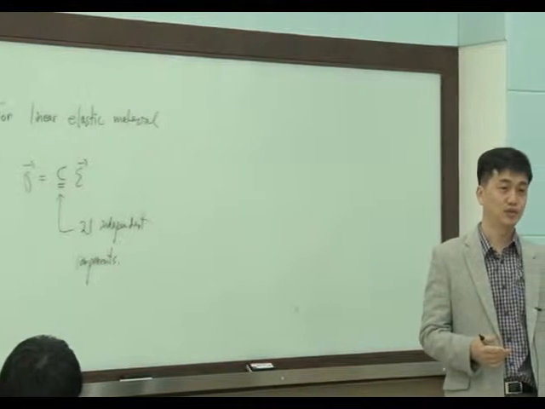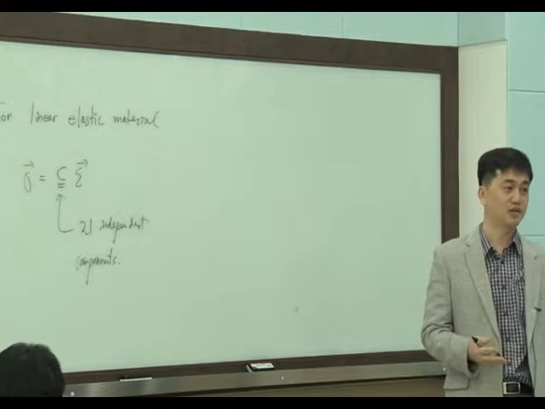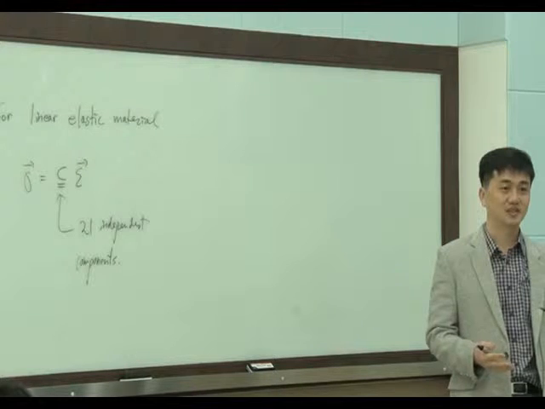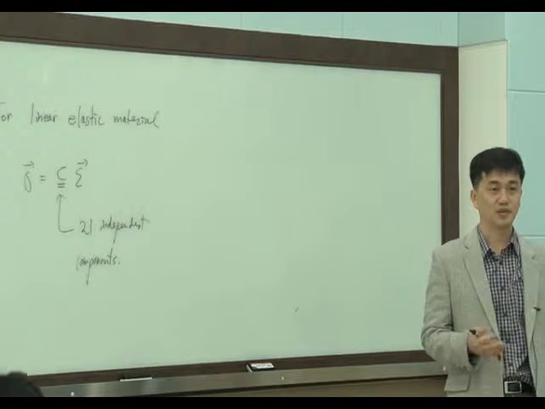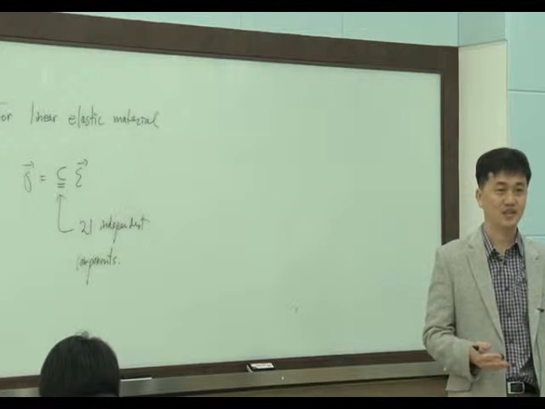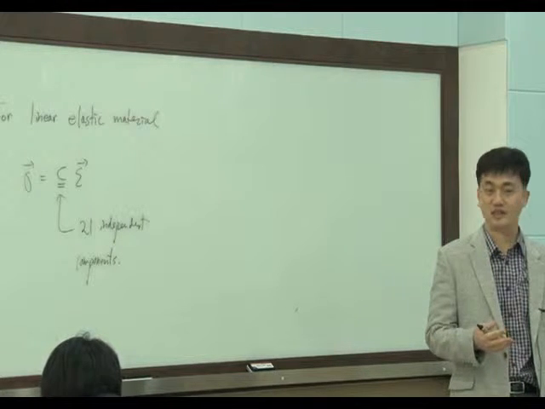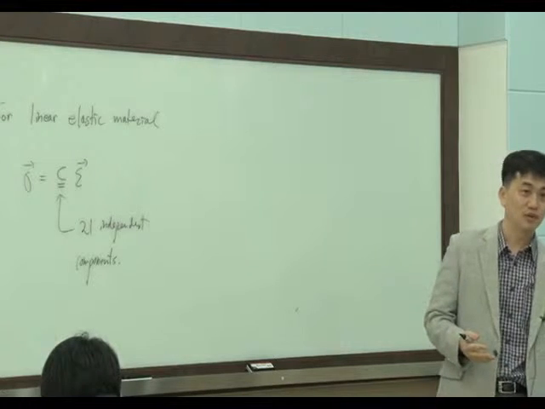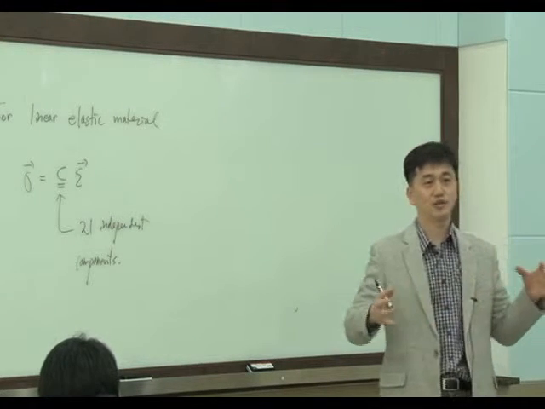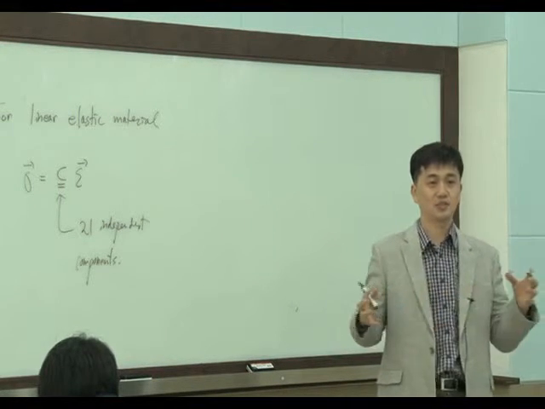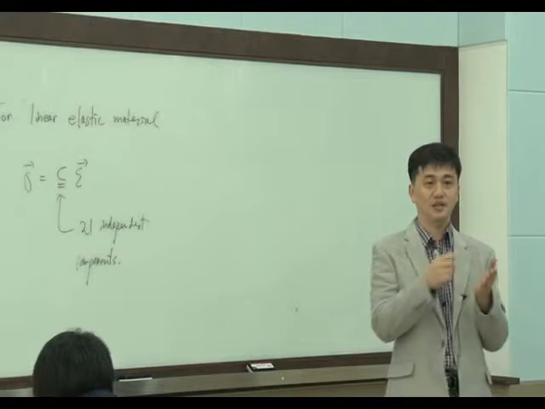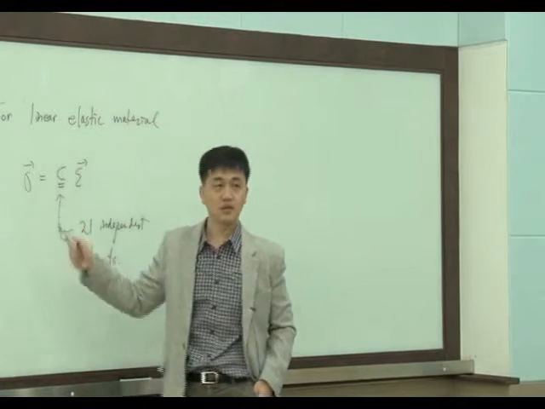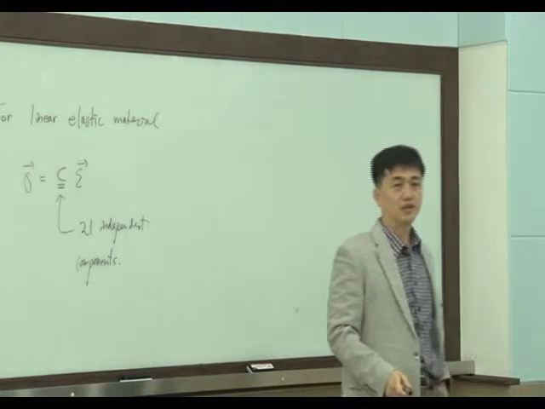Then to find those 21 independent components, how many experiments do you need to perform? At least 21 times, right? So you need to make 21 independent experiments, and then you can calculate the 21 components. That's a lot of experiments.